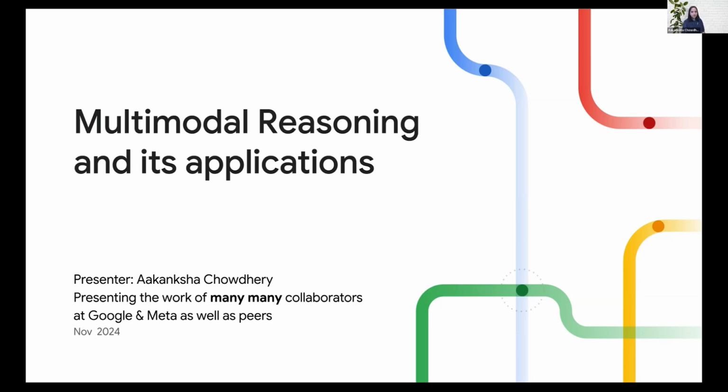But if you look at Pi Zero, which one of my ex-colleagues from Google released from Physical Intelligence, their paper suggests that they are getting pretty good policies out of such models. So they don't have the largest model.